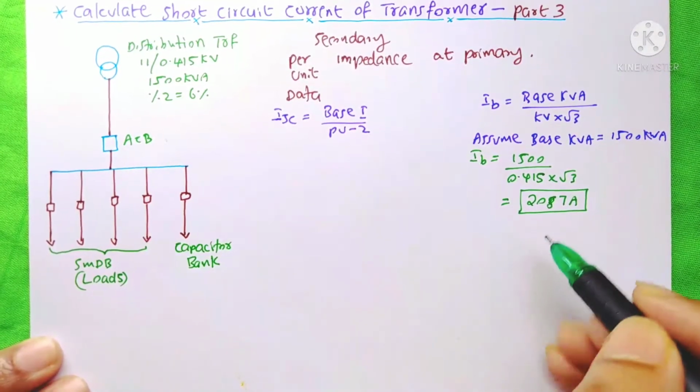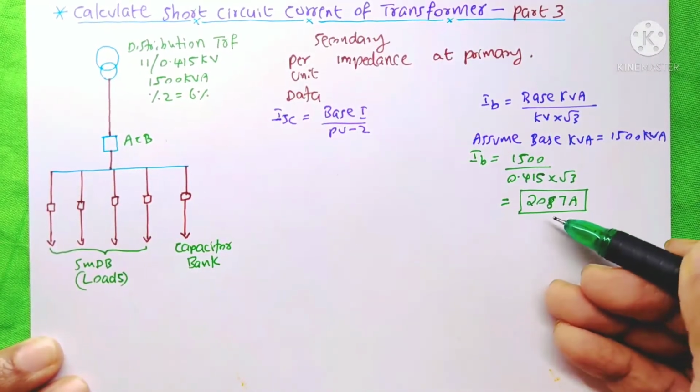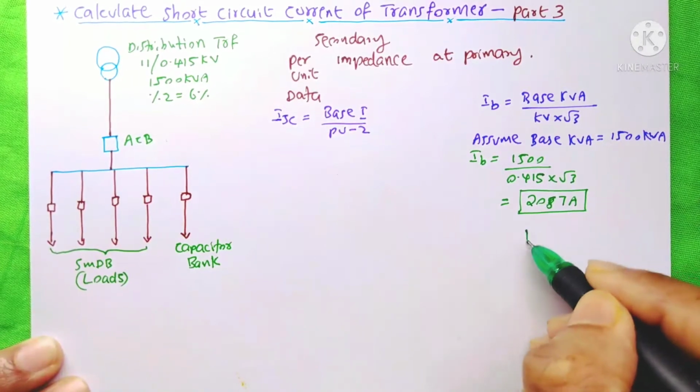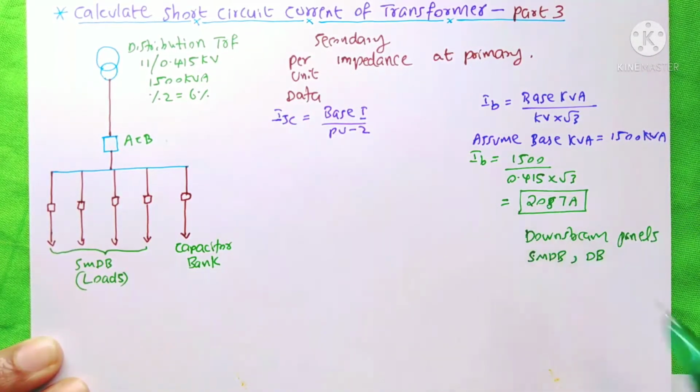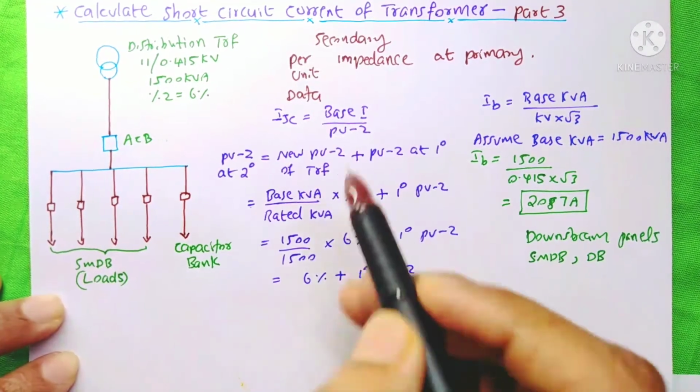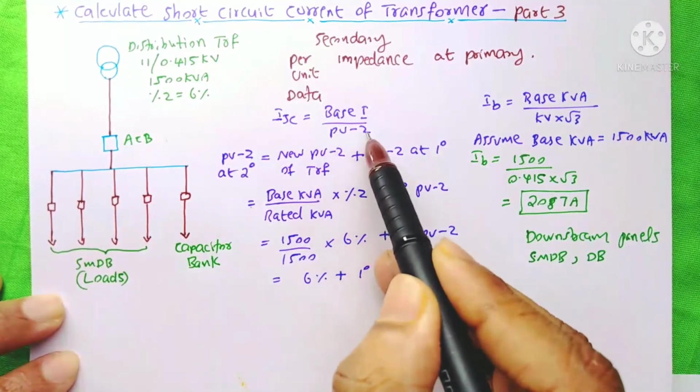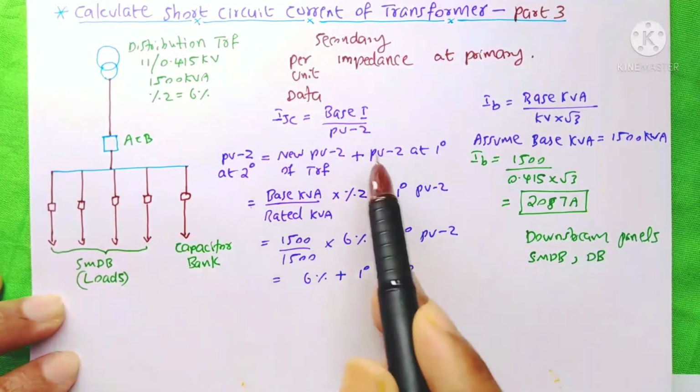And if you're going to find the short circuit current of the downstream panels, you need to use the same base current there also. Now we need to find the per unit impedance at the secondary of this transformer.